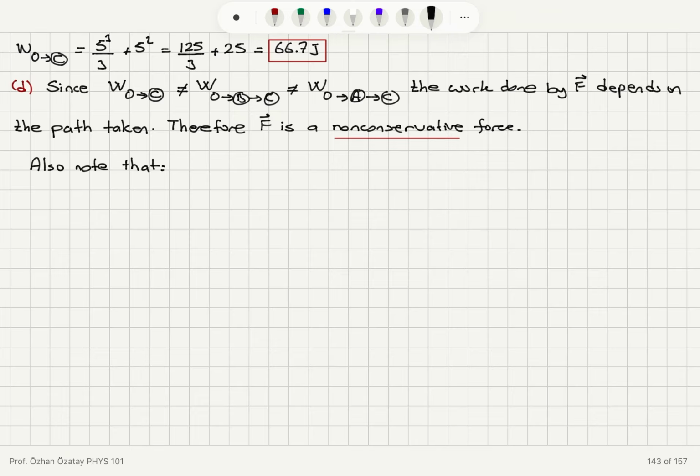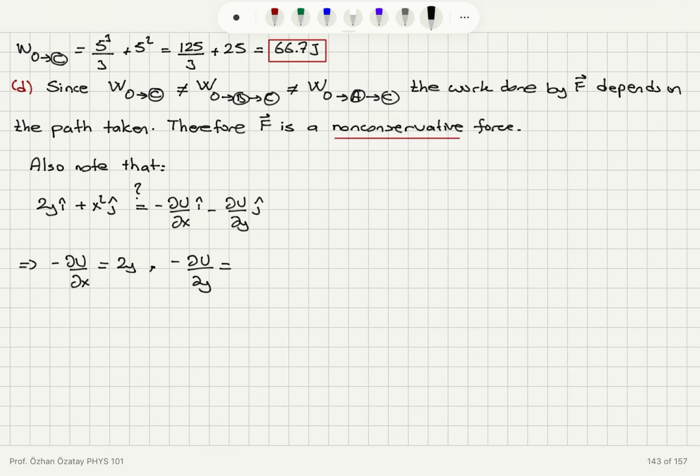Now I want to take a look at the other property of conservative forces. Conservative forces should be derivable from a potential energy function. So let me try to derive this force from a potential energy function. Is 2y i hat plus x squared j hat equal to minus del U del x i hat minus del U del y j hat? So this equality gives minus del U del x equal to 2y, and minus del U del y equal to x squared.